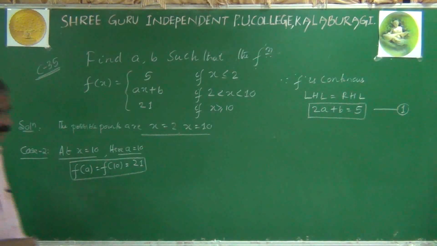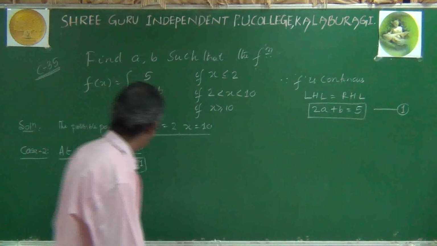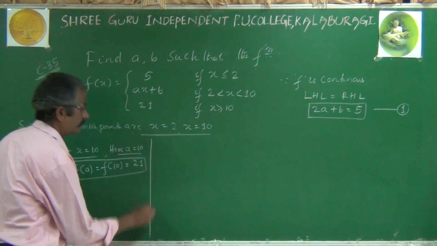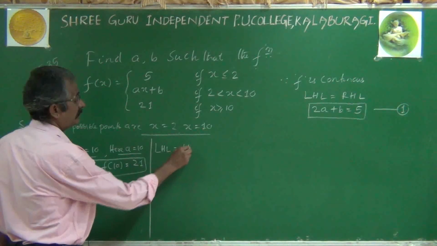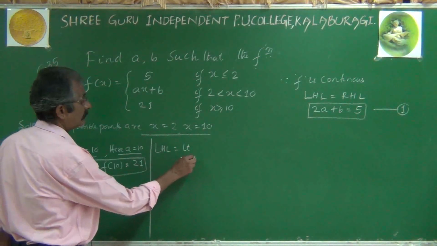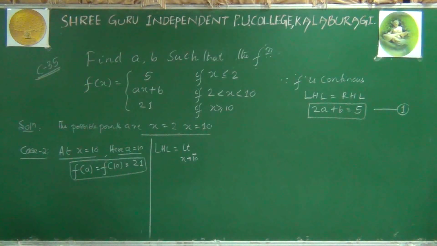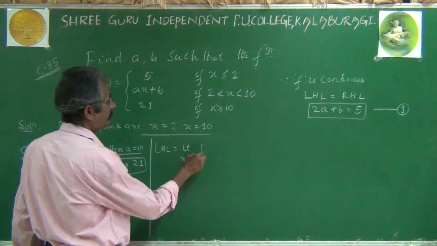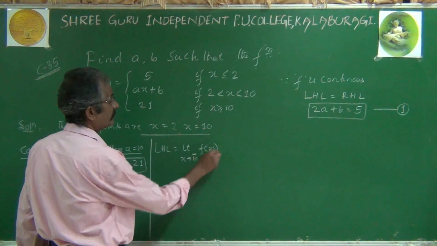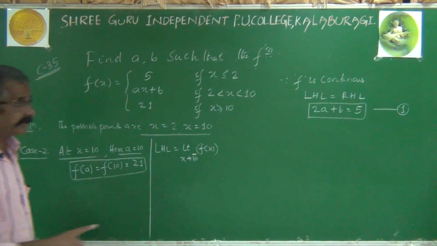We shall find the left hand limit and right hand limit. Left hand limit, x tending to 10 minus, because in this case a is 10, limit x tending to 10 minus f of x. What's the meaning of 10 minus? Less than 10.